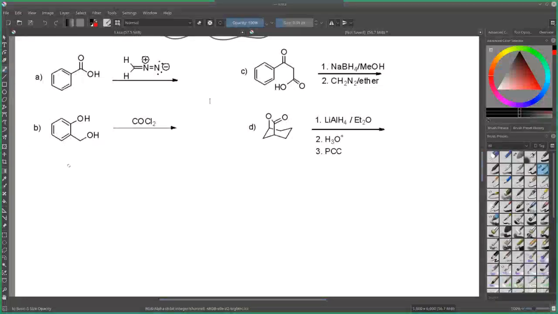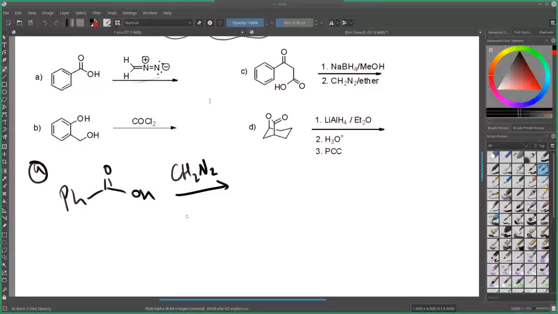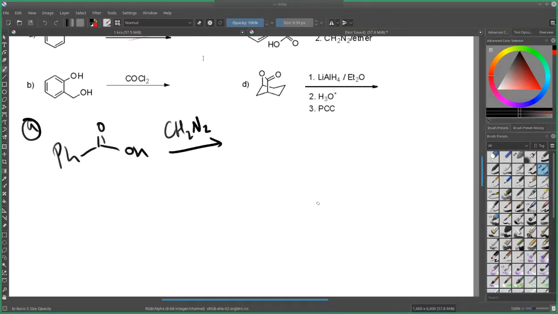All right, so let's start with A. And hey, this is kind of relevant because this thing here is diazomethane, right? So we were just talking about it. So here's a phenyl ring, and then we have this carboxylic acid, and we're giving it diazomethane. Okay? So what's that going to get us as the product?